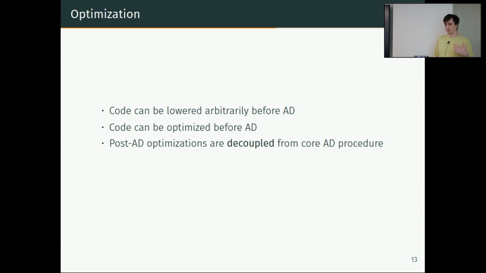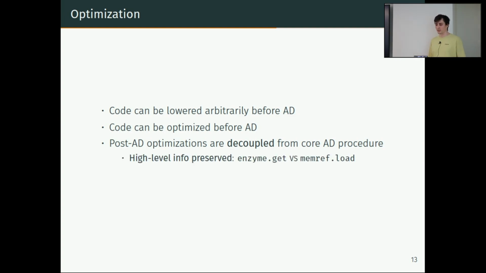And we have also post-automatic differentiation optimizations, which we can decouple from the process of automatic differentiation, since we emit abstract operations which define what AD does, and we can do this agnostic of all dialects.